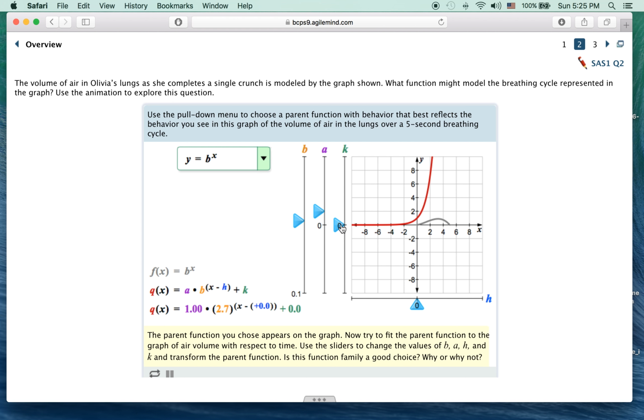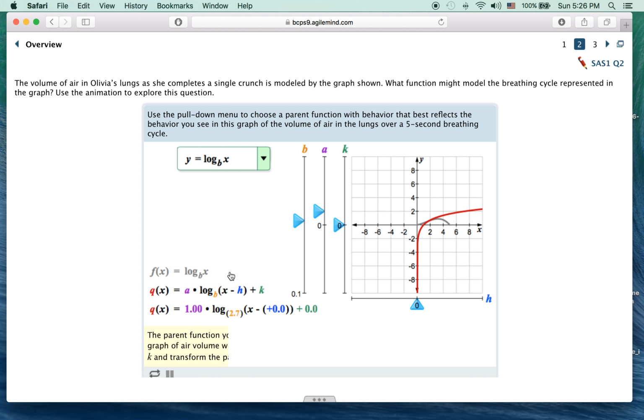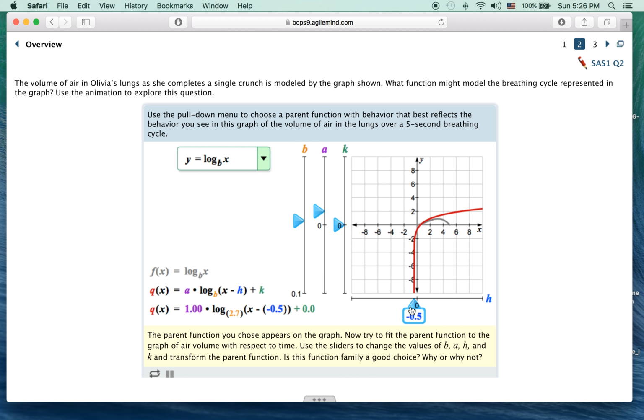An exponential function. Alright, I'll tell you right away this is not going to work. There's no way for us to change. Oh, okay, well, this fit the backside of the function. Okay, but it's not going to work for the front. Okay, the log function. No, it's not going to work.